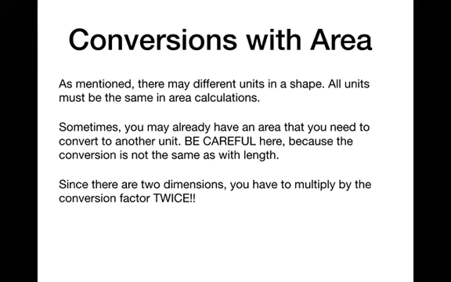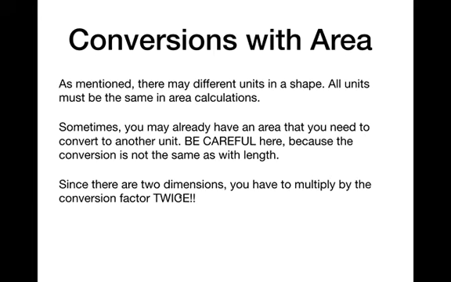So if you have to do that conversion from feet to meters, you can still do that, but be very careful. We've already done the conversions with length, going from inches to centimeters or feet to meters, but since this is area, and area involves two dimensions, that means if you're going to do the conversion, you actually have to do it twice.